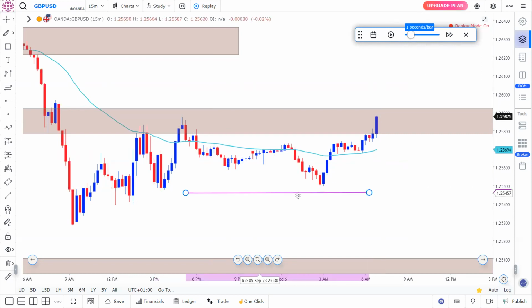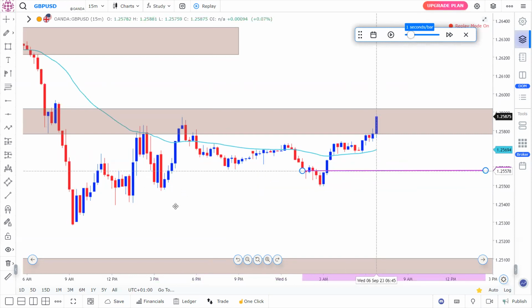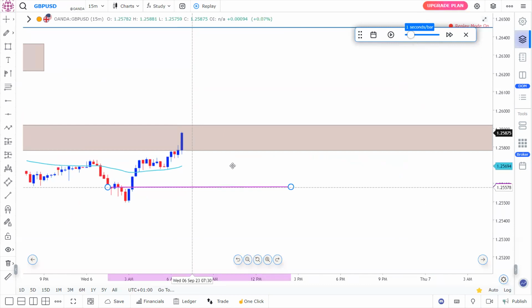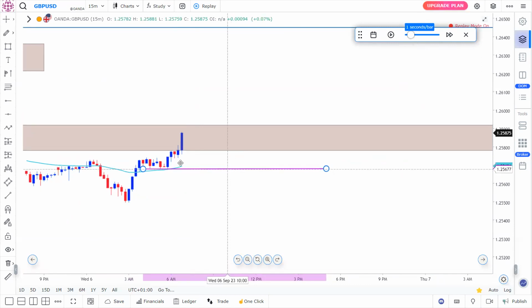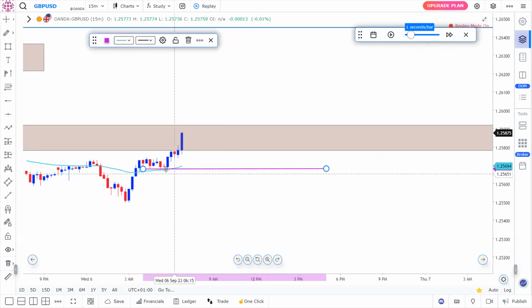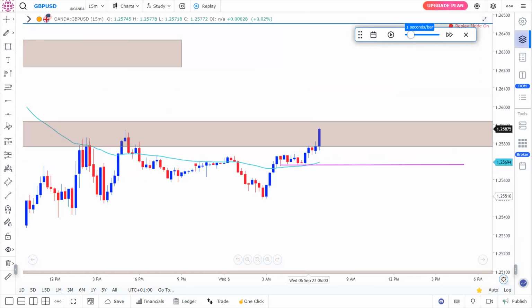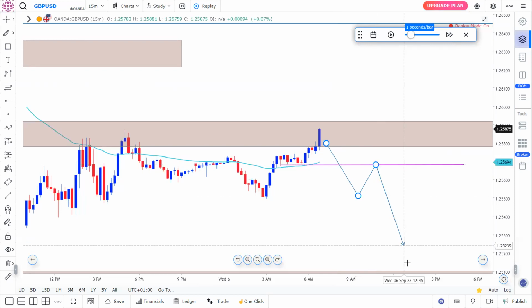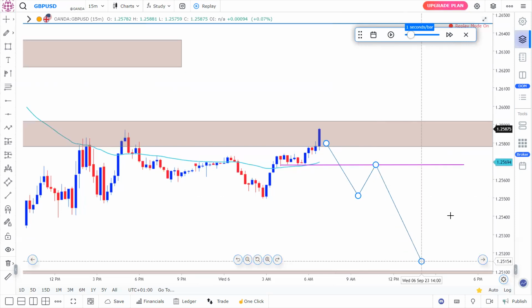And now this takes my structural level away from this point now to this point, with this being the low that leads to this high. So perfectly now, I was waiting for a break of this level and then at the retest of this structured level to get in on sales from the 15 minutes time frame.